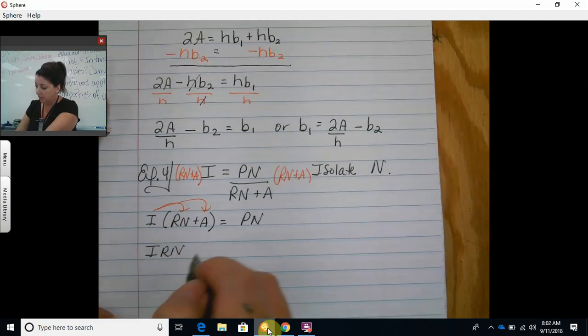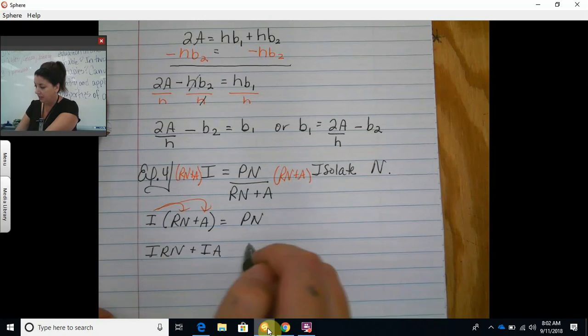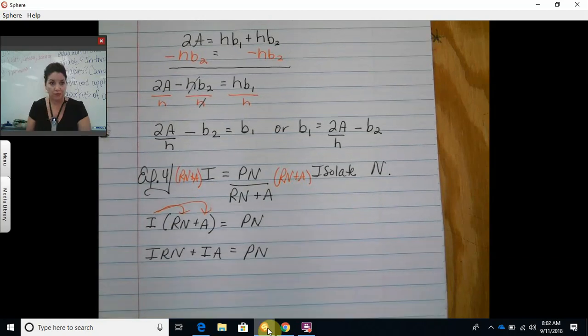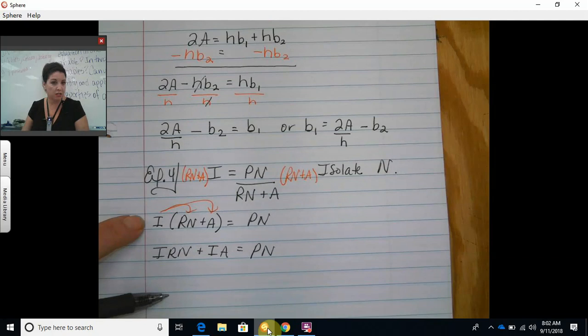I times positive A would be positive IA equals Pn. So on the left side, I do have a common factor of I, but if I factor that out, is it going to do me any good? No, because it's going to turn into what we just had, and that doesn't do us any good.